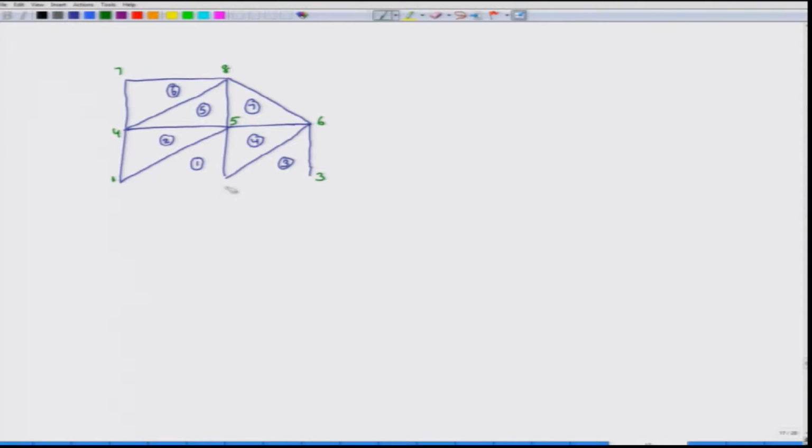So, this is global degree of freedom 2. The boundary condition is that it is rigidly fixed here, it is also rigidly fixed here. So, this is node 4, it is also rigidly fixed here. Here it is fixed in the y direction.